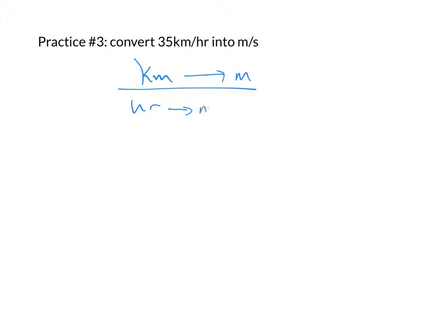So we will go from hours to minutes and then minutes to seconds. So from here, we'll identify the conversion factors for these. So if you remember, in 1 kilometer, there are 1,000 meters. And then in 1 hour, we have 60 minutes. And in 1 minute, we have 60 seconds.